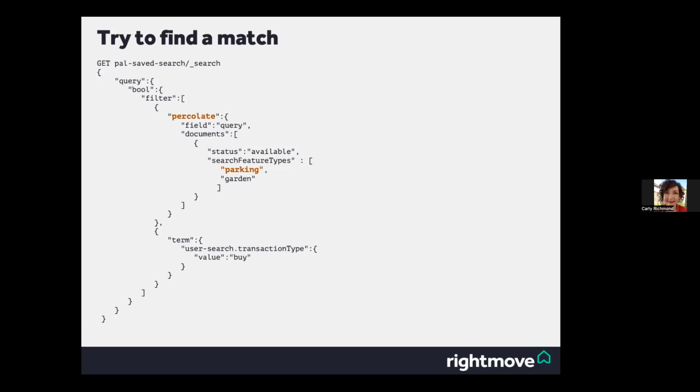In this case, the property document has parking, so we should find a match. The important point to note here is the type of filter, which is percolate. The name of the field is query, and the document contains an array of documents. We are just using one document because we are doing it for each and every property that comes in. So in this case, we should ideally be able to find a match.